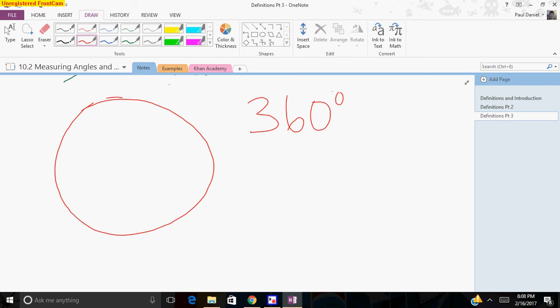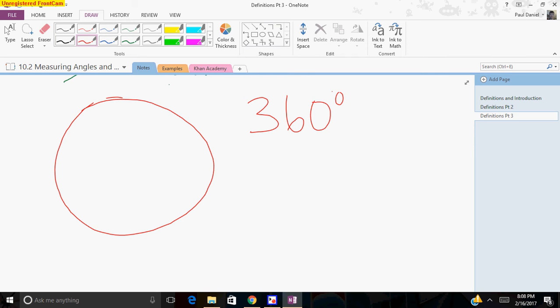That is one way of measuring circles, and you're very used to measuring things in degrees. But I'm here to tell you that degrees are an artificial construct. We made those up. Someone did at some point in time.